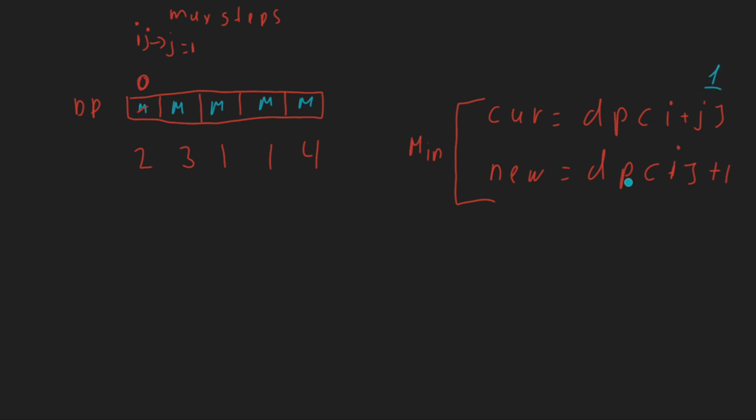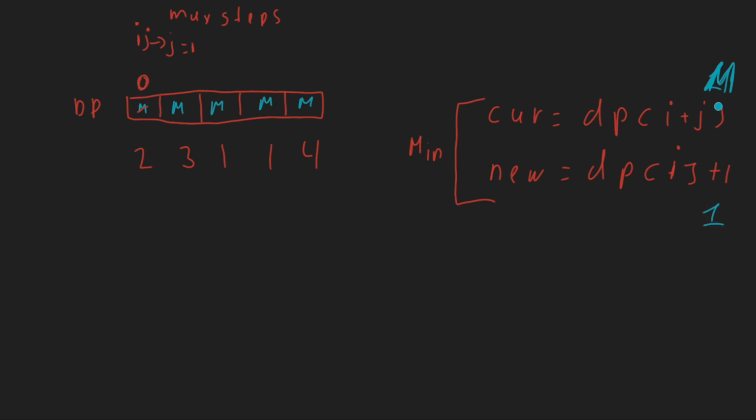How about dp[i] plus 1? Our i is 0, plus 1 is 1.